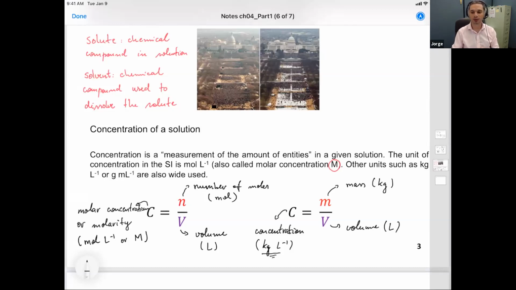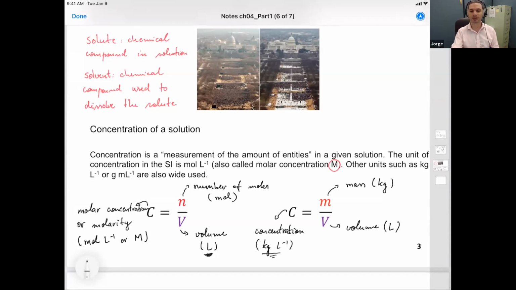Okay, so at this point, I showed you two ways to determine the concentration. The first one is called molar concentration or molarity, and that's the official way to represent concentration. Units are mole per liter or molar, and it's always the ratio between number of moles divided by volume. Pay attention here because the volume has to be in liters all the time. The second way to represent concentration is a more unusual way, and it's just called concentration.